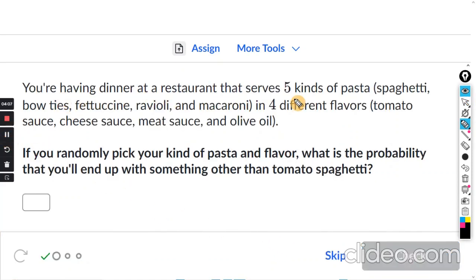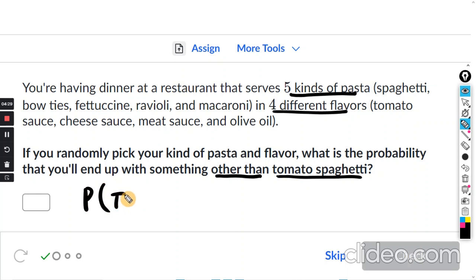You're having dinner at a restaurant that serves 5 kinds of pasta in 4 different flavors. If you randomly pick your pasta and flavor, what is the probability that you'll end up with something other than tomato spaghetti? Okay, so really all we have to do is find the probability of tomato spaghetti.